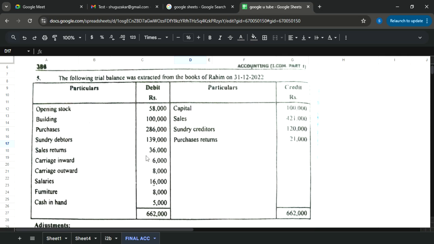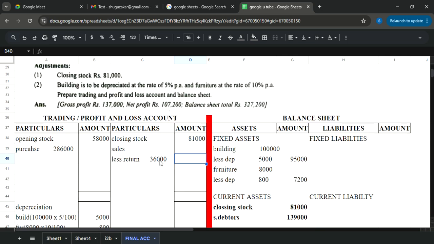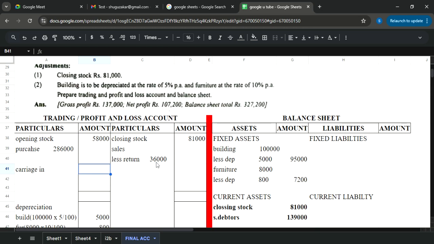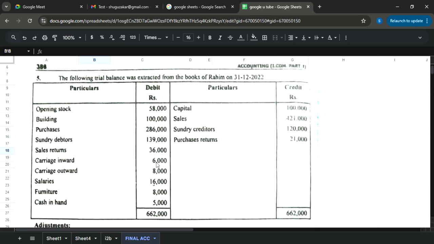Next, carriage in, direct expense. Here you will write carriage in. Amount of carriage inward is 6,000. Write down. After carriage in, we have carriage out. It's so interesting to understand carriage in is direct expense, carriage out is indirect expense.